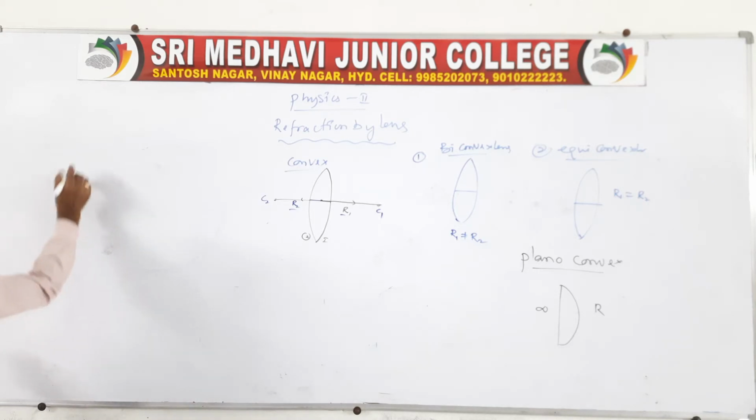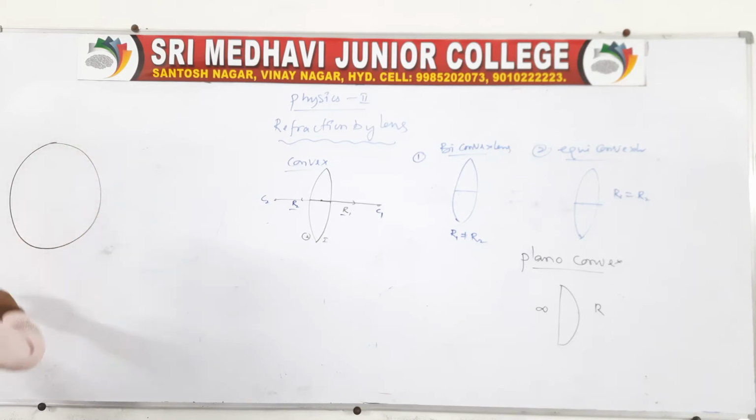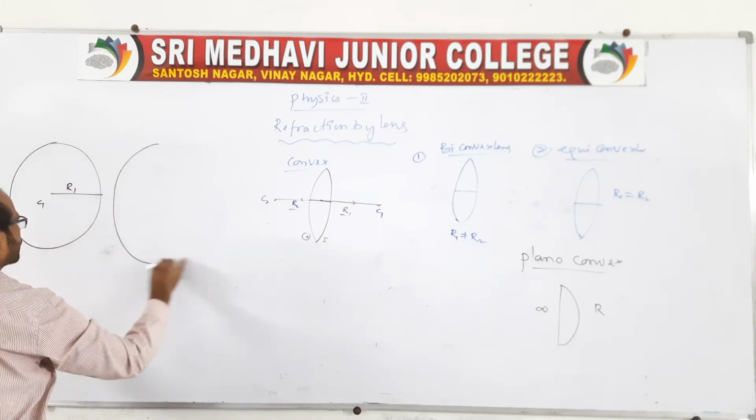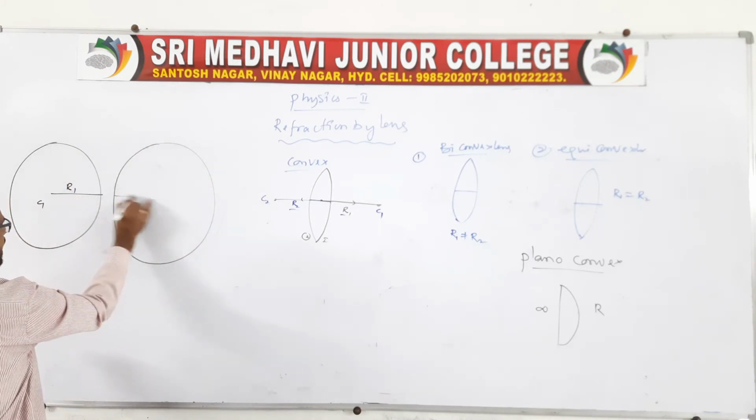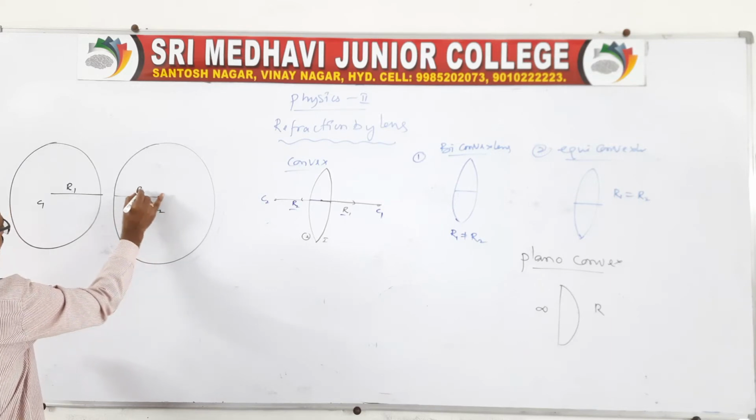For one glass surface, the center of curvature is C1 and the radius of curvature is R1. As I told you before, the other has C2 and R2.